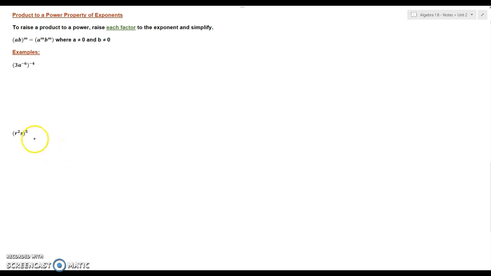So looking at the math here, we have two numbers multiplied together, a and b, to the m power. So that m goes to each factor. So that becomes a^m and b^m.